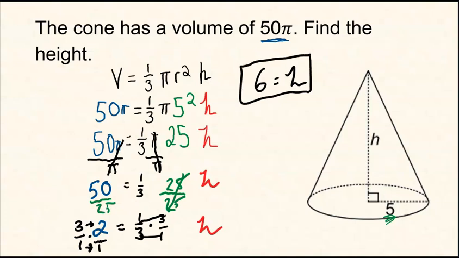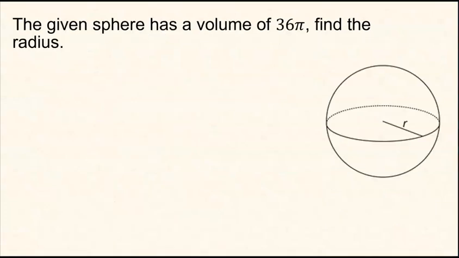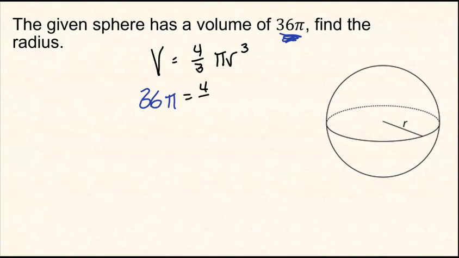Okay, let's go to the next example. The next example wants me to find the radius given the volume of a sphere. The volume of a sphere is V equals 4/3 pi r cubed. I've been given the volume of the sphere, so that is 36 pi. I'm going to bring down the parts of the formula that I cannot change, and I am looking for the radius, which is cubed.